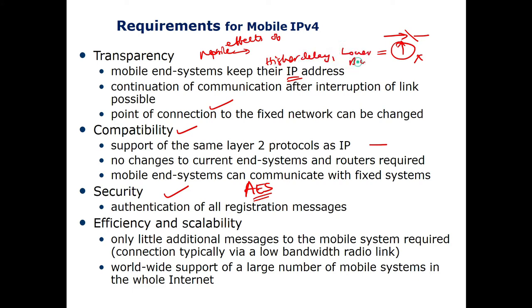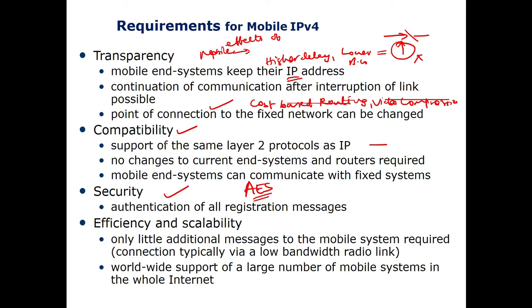So this is the constraint. For example, we go for cost based routing, where with respect to the cost it is updated, and video compression. Here we go for transparency with respect to compression. The point of connection to the fixed network can also be changed.